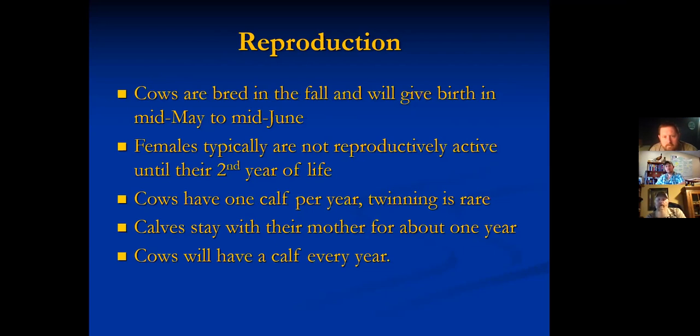So they are bred in the fall, and they will give birth that next spring, about 260 days later, something like that, around mid-May to mid-June, depending on exactly when they were bred that fall. Like I said, females are typically not reproductively active until that second year of life.